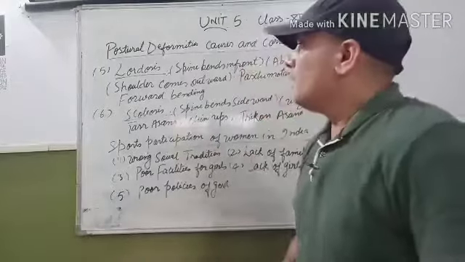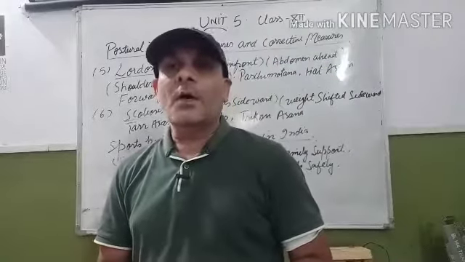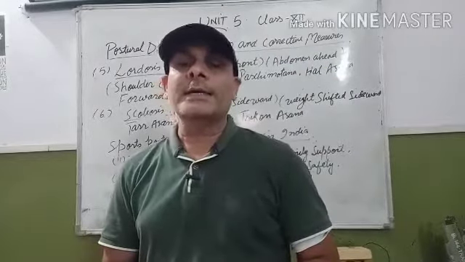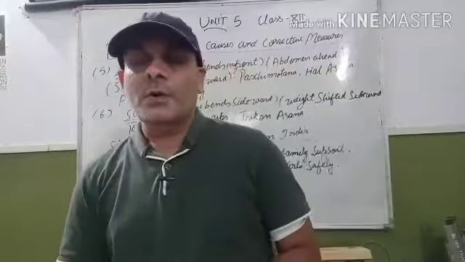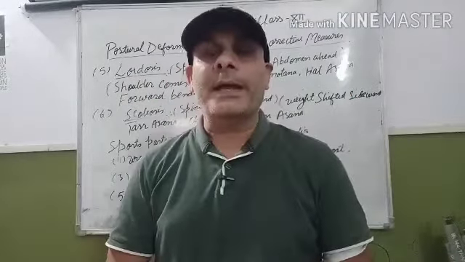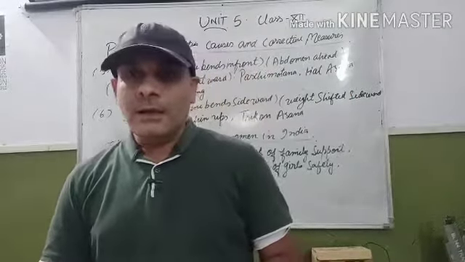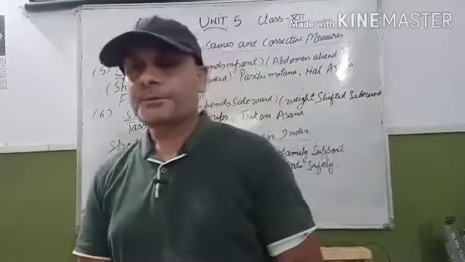Now first we take the fifth deformity, that is called lordosis, right? Lordosis is also a deformity of your clavicle spine. It is the abnormal curvature of your clavicle spine.